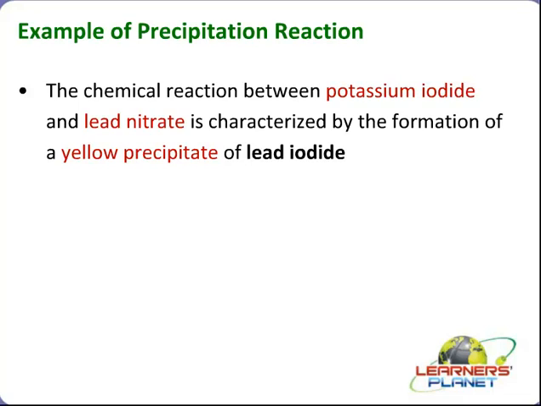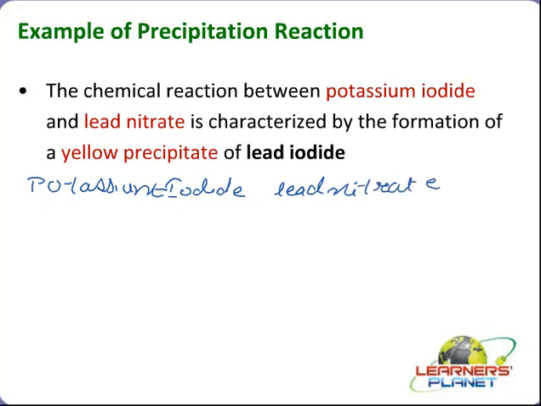So I can write it here like potassium iodide, right? There is a bond between these two. And lead nitrate. Right? There is a bond between lead and nitrate.